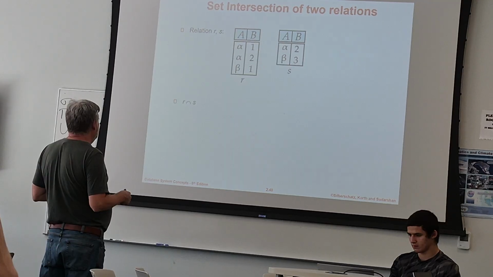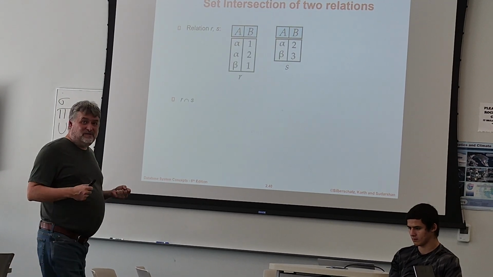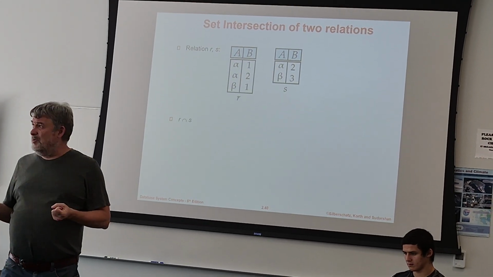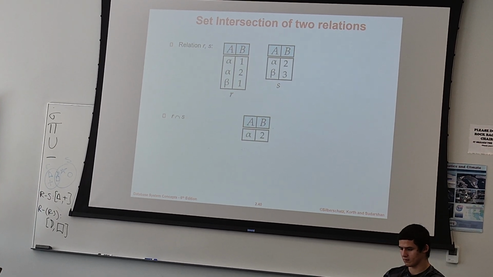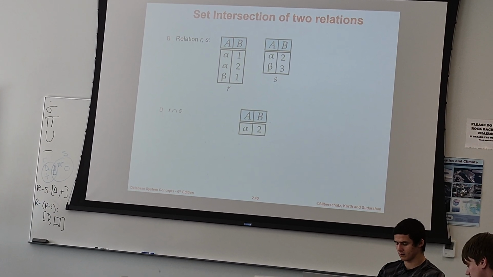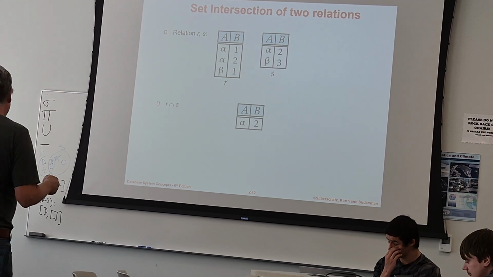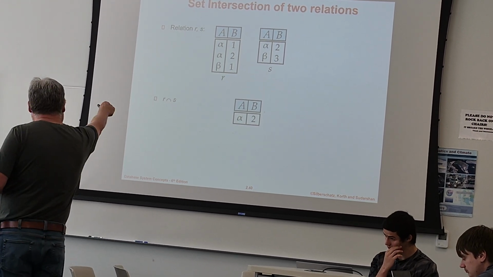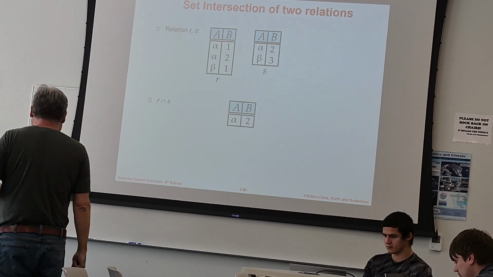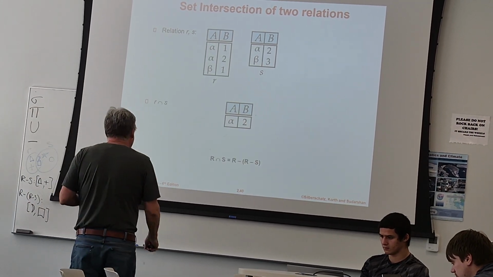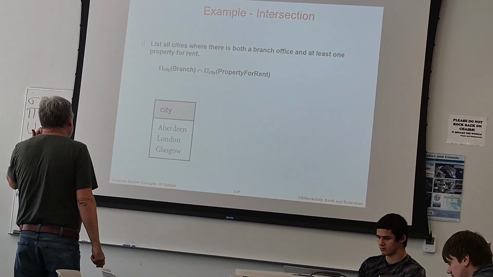I think we can just see from this example that it's going to be alpha 2, right? Am I interpreting that correctly? And so if I click this, the author shows me alpha 2 is the only item that's in common between these two. And I could have done that R minus S thing and come up with the same answer. That's probably how it's implemented in my computer.